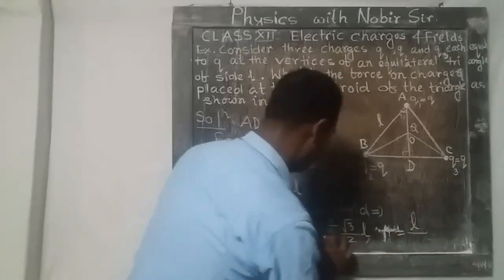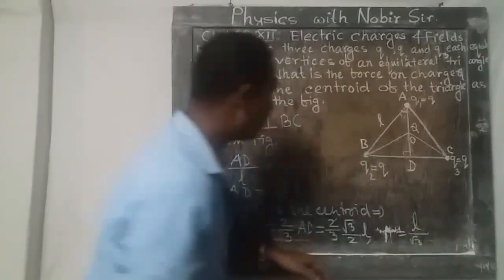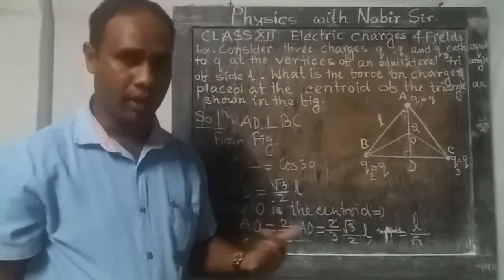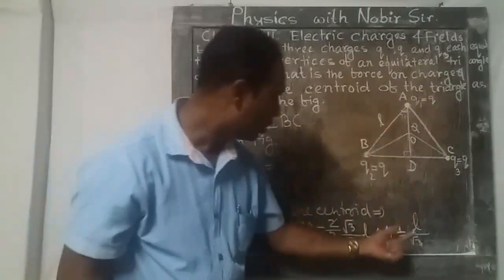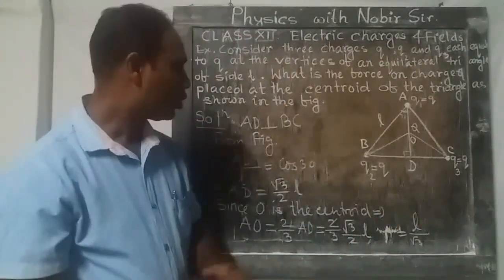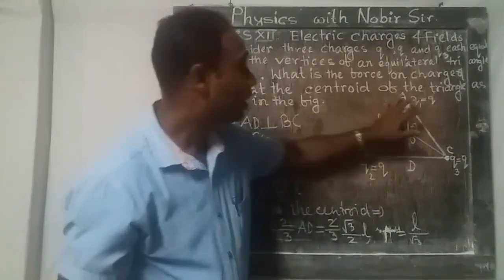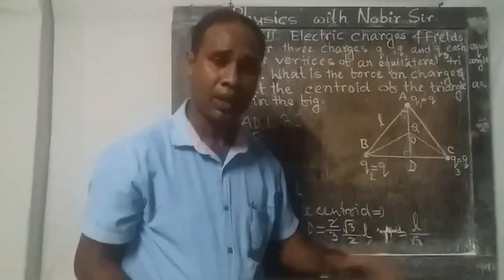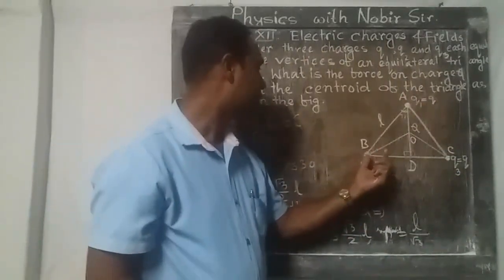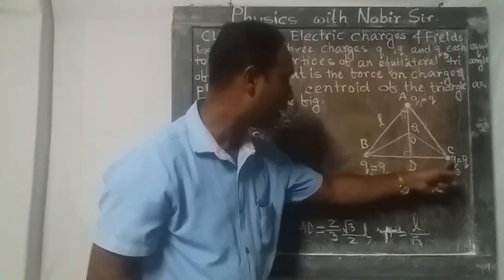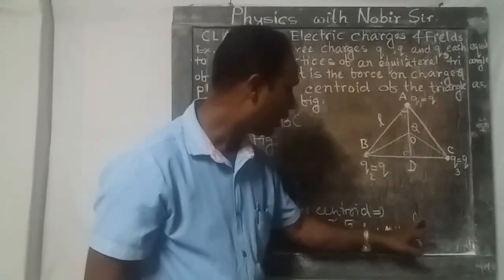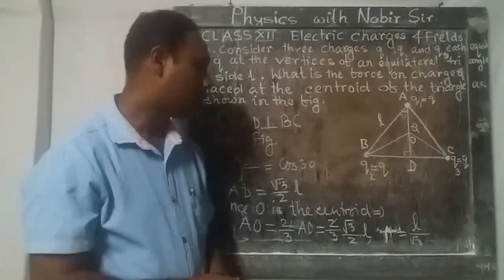Since this is an equilateral triangle, BO and CO are exactly equal, so all the values will be L by root 3. This value we have found.